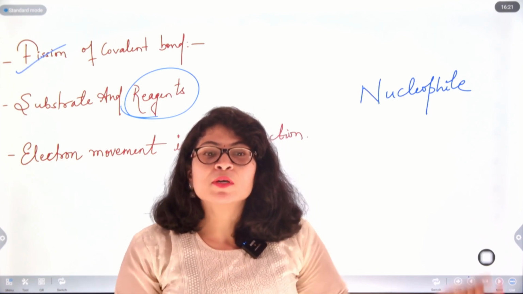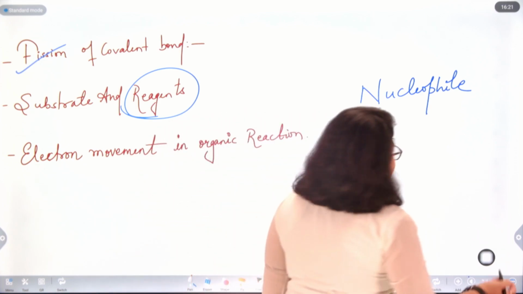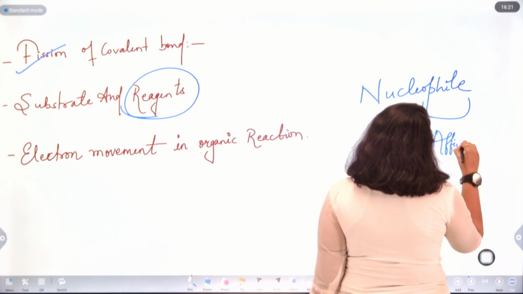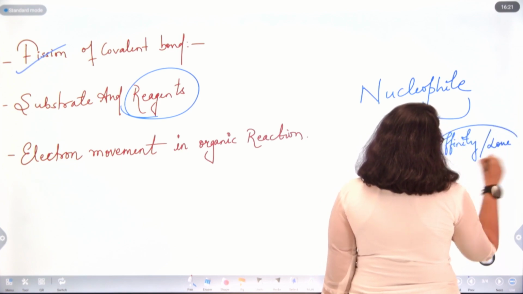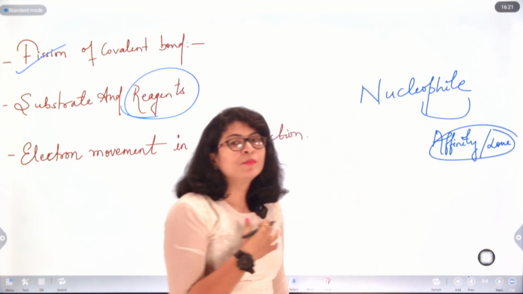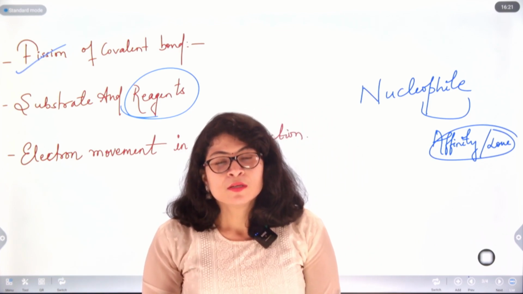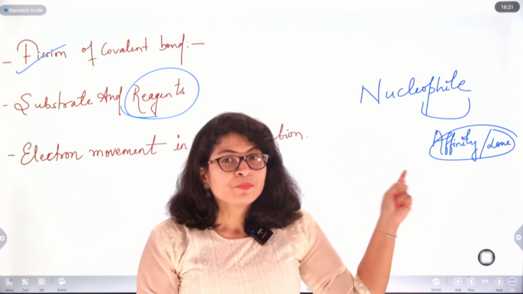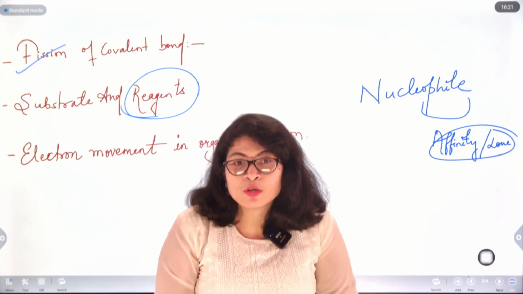That's why its name is nucleophile. Phile means affinity or love. If the atom in itself is negative, then only it will go on hunting for a positive site. So if that atom is negative, it will be called a nucleophile, that particular atom which has a special love for a positive center.